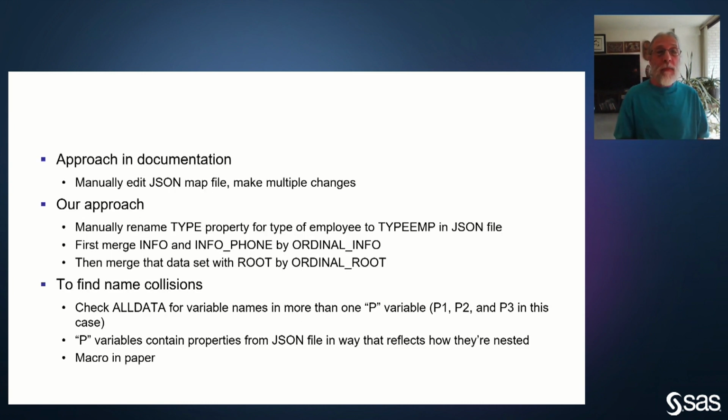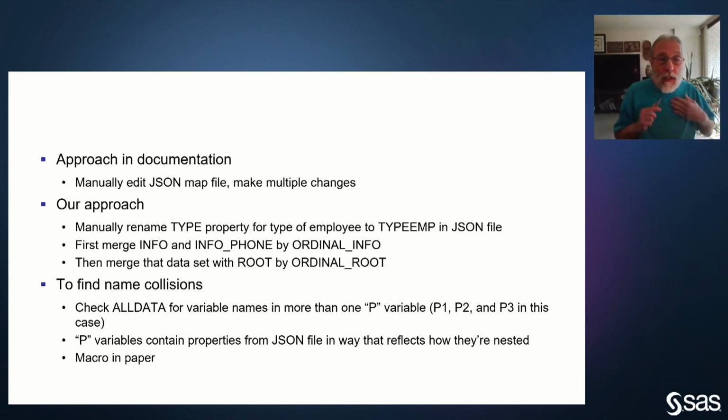Now, in the documentation, what SAS did was they manually edited the JSON map file and made a whole lot of changes. I did something different. Realizing that type had 2 different purposes, I renamed the type property for type of employee to type EMP in the original JSON file, and then I could do a merge in 2 stages that did actually get the data into one data set.